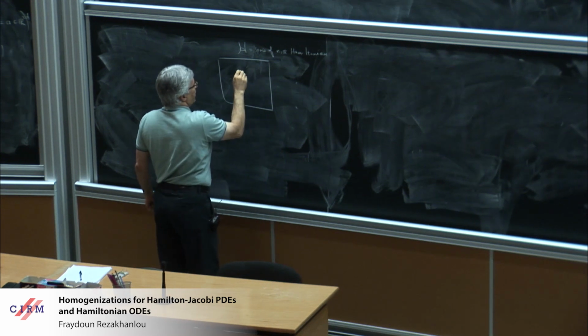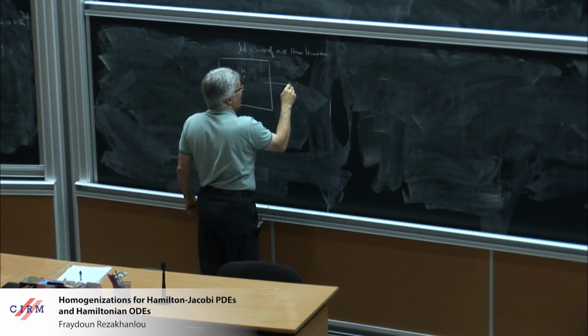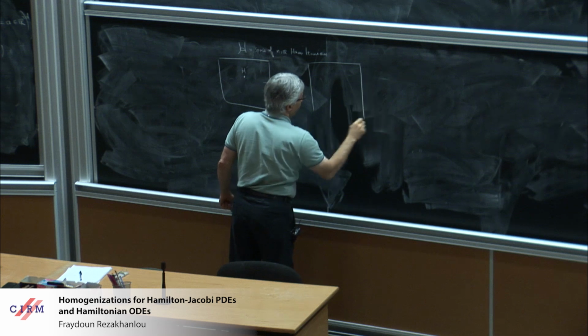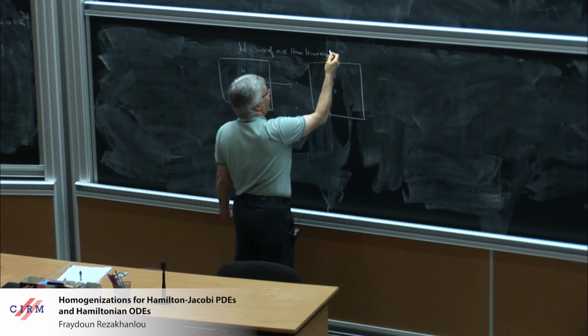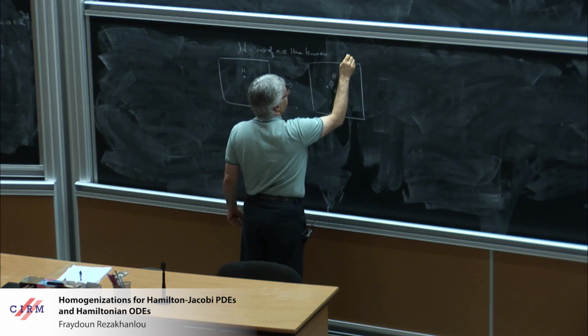You give me some Hamiltonian function, and out of that, I can build a flow for you, which I denote by phi_t^H. So you should think of this as the space of flows.